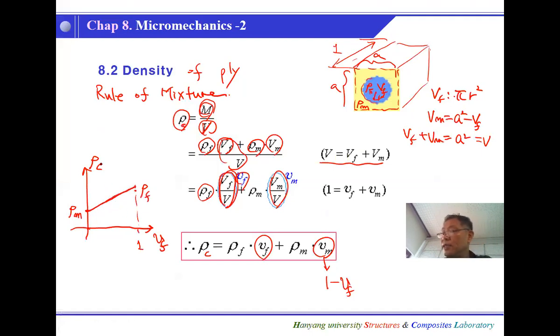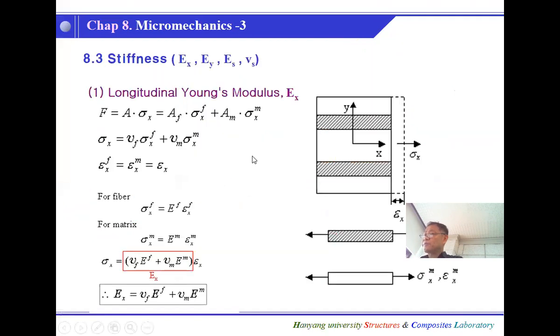Later, you can see that instead of rho c, you would have Ex. The fiber directional longitudinal stiffness will follow a similar pattern, but this is the derivation procedure.